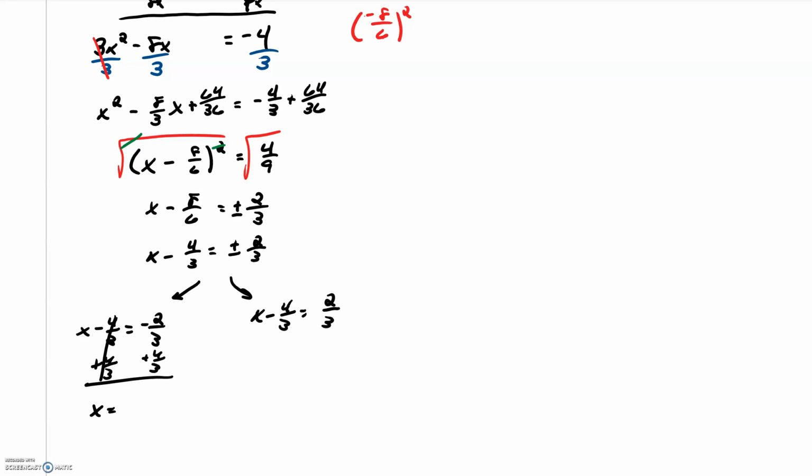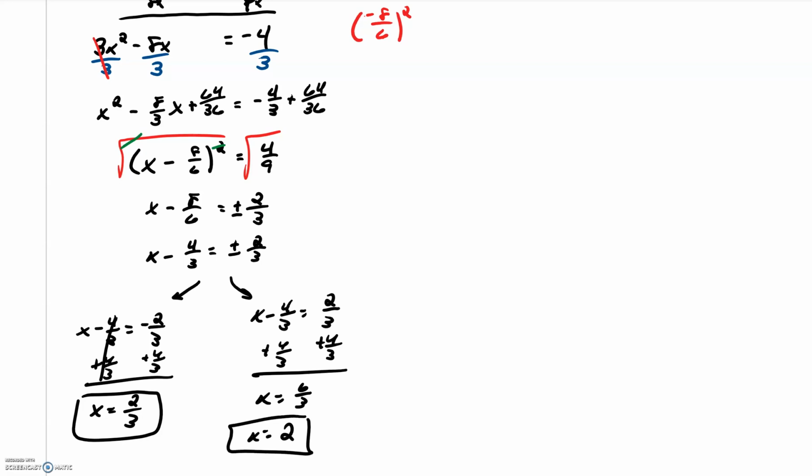Negative 2/3 plus 4/3 is a positive 2/3. There's one solution. Now I'm going to add 4/3 to both sides. X is equal to 2/3 plus 4/3 is 6/3. And 6/3 simplifies to 2. So there are my two solutions. I have 2/3 and 2.